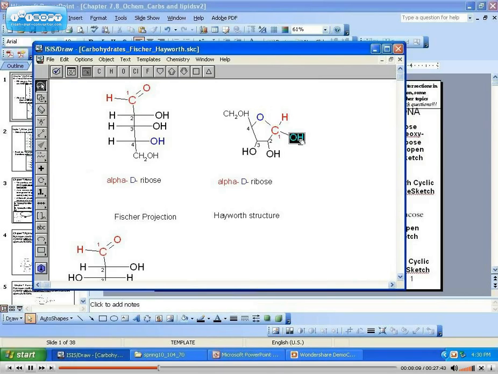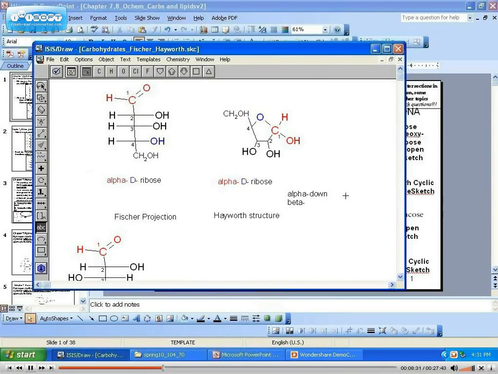So, nature most of the time prefers it in the down position. So, the key to this is if it's facing down, we call this alpha. If it's facing up, we call this beta.